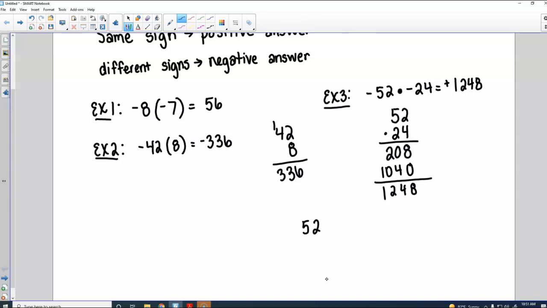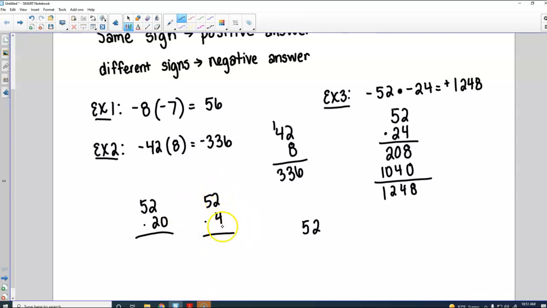Okay, I got you. So, okay, I see what Passion's doing. She's basically splitting one of her numbers apart, right? So this is what she's doing. It's kind of a cool way to do it. Like 24 is the same as 20 and 4, right? So she's doing 52 times 20 and 52 times 4.